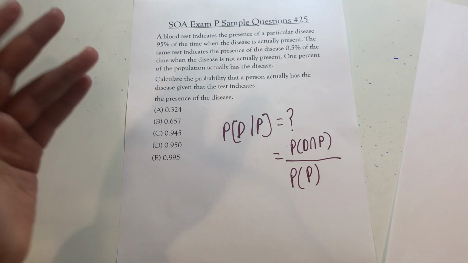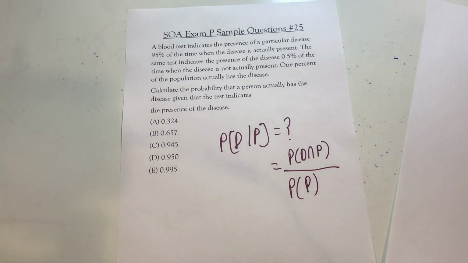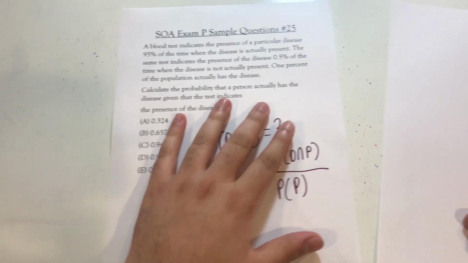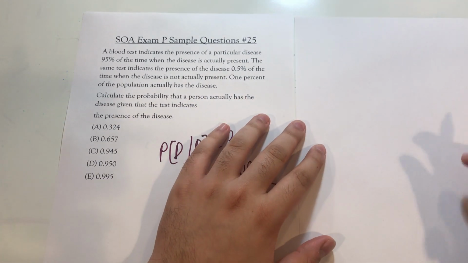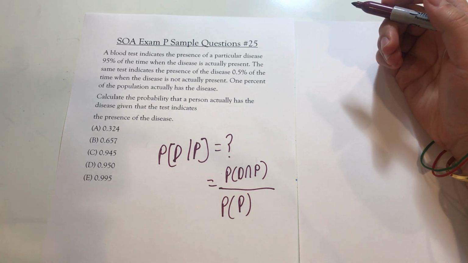Now first, let's see the information they give us, because it's not straightforward. It's not in a chart. They talk about it, so let's write that down. The test indicates the presence of the disease 95% of the time when the disease is actually present.